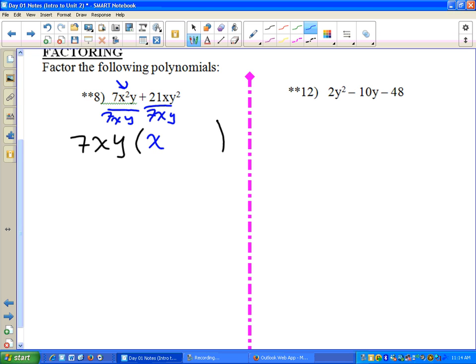My operation plus stays right in the middle. 21xy to the second divided by 7xy reduces. The 21 divided by 7 is 3. The x's cancel. Y squared divided by y is y. Can I simplify anything else at this point? No, this is fully factored. I took out my greatest common factor.